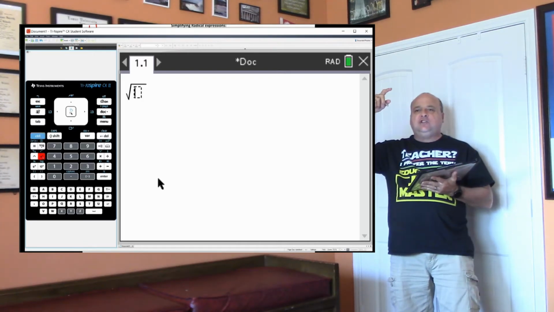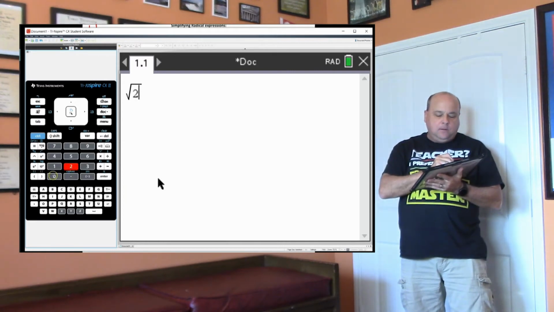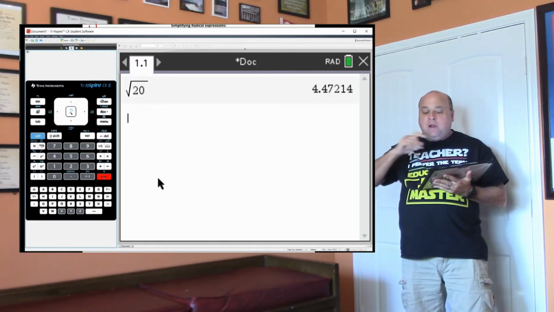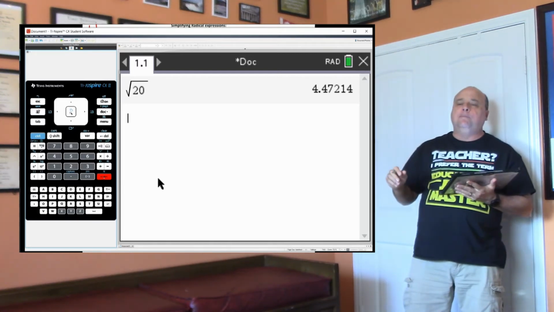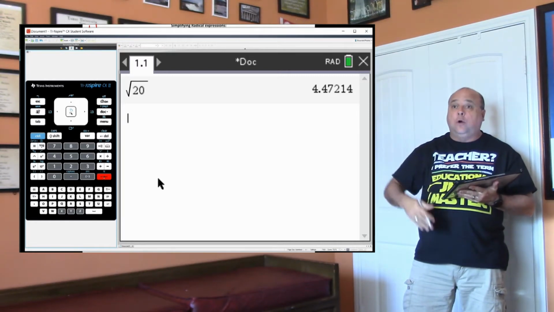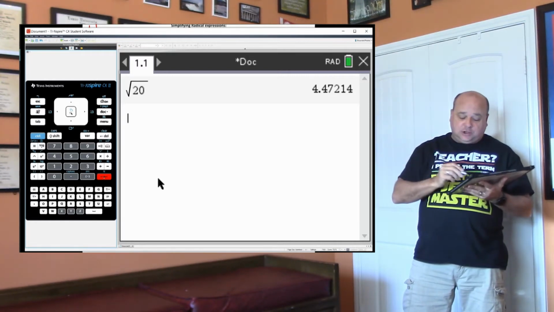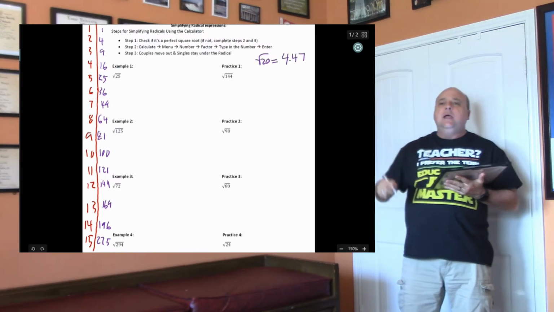If you look above the x squared button, there's a blue square root symbol. Let's type in 20 and then hit enter, and you get 4.47. That's what you were taught last year to write. You will no longer write answers with square roots that don't work out as decimals, and I'm about to show you why. So this right here is 4.47.